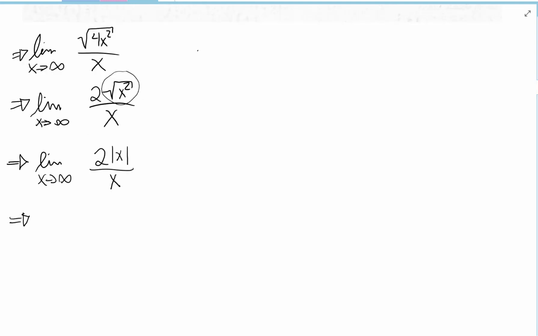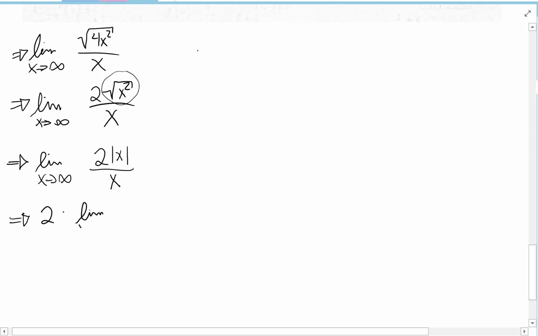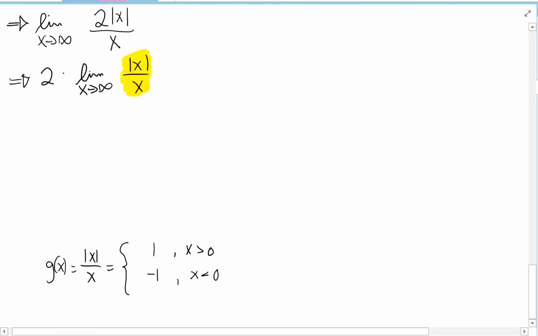This 2 could be taken out of the limit because it is just a scalar multiple. And for this one, I'm going to do that. It's not really necessary that you do that. I just want you to really be able to visualize it. This function, we actually know some information about it: it's part of this piecewise function that tells me when x's are greater than 0, I'm going to get 1 as a result, but when x's are less than 0, I'm going to get negative 1 as a result.